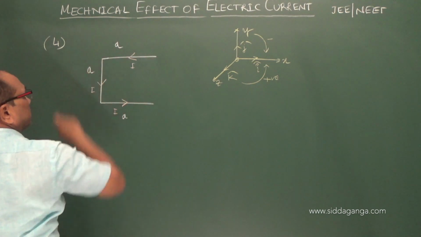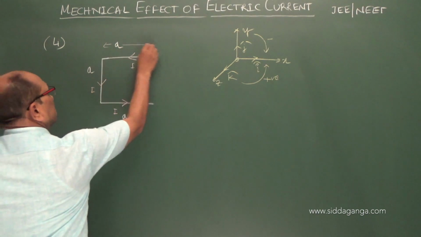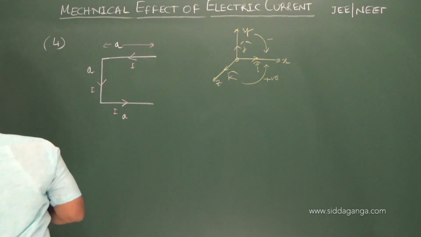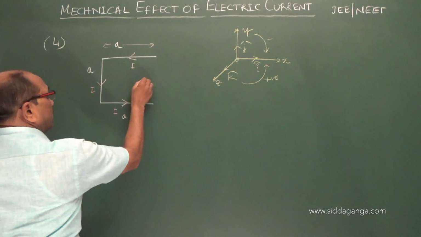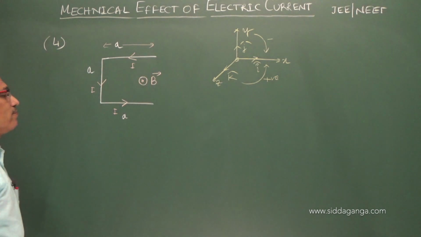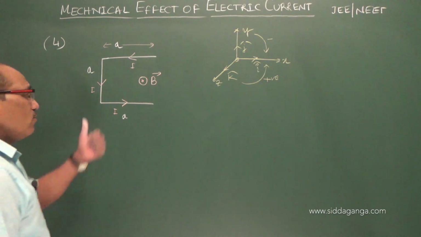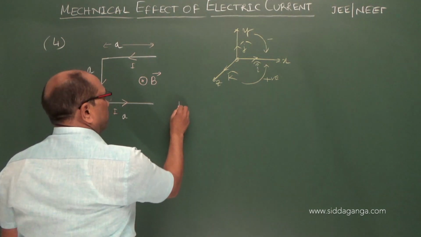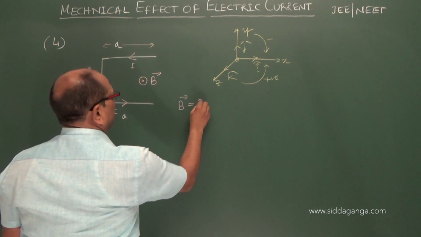Each side has length A. And a magnetic field is applied perpendicular to the board, so B can be written as BK.